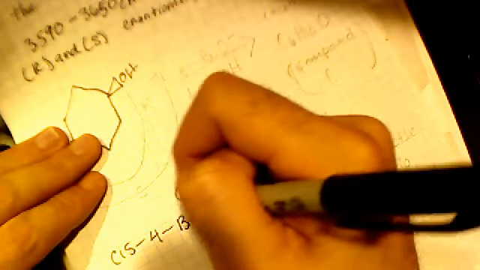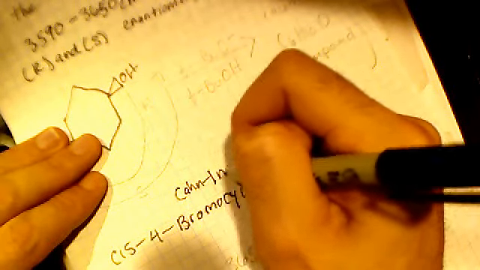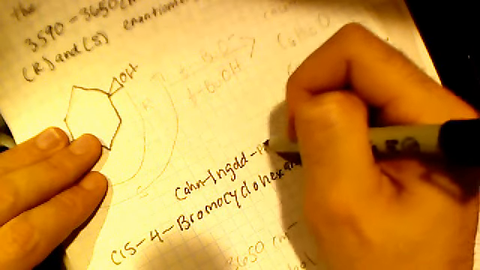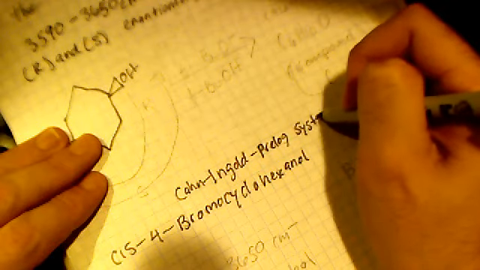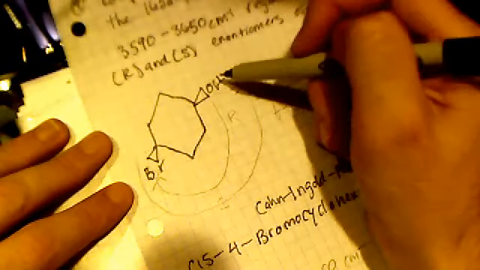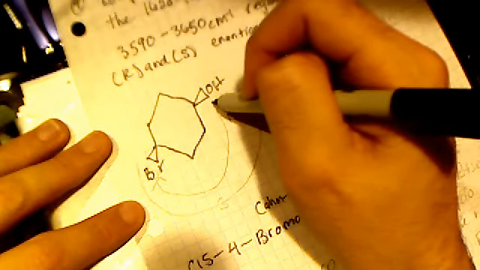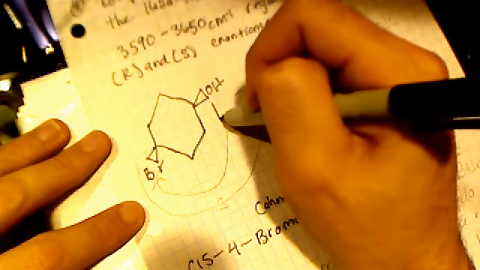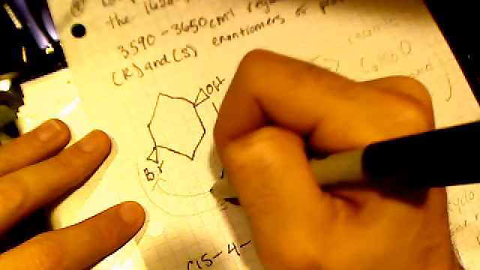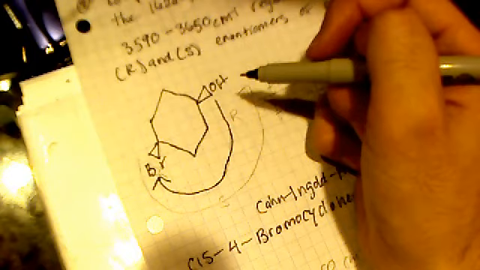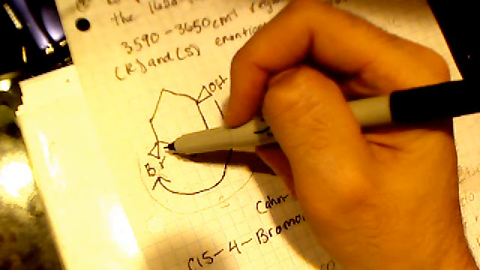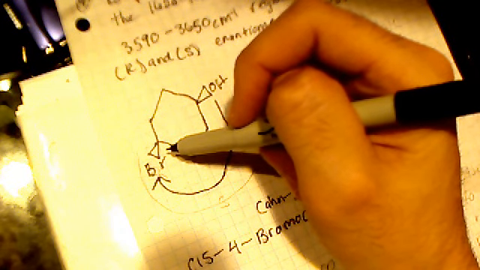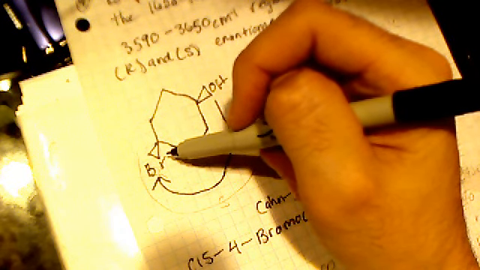And according to the Cahn-Ingold-Prelog system, that's the naming system, the OH group is R because that's where you start, that's where the 1 is, and then you move in the direction of the atom with the highest priority. This carbon is attached to a bromine, which has the highest, I think it has to do with the molecular weight of the ion.